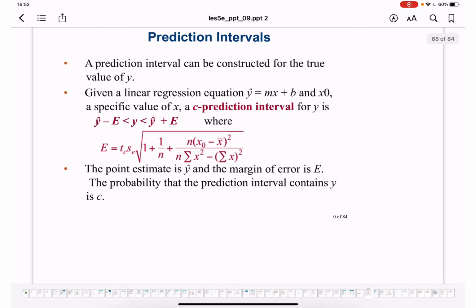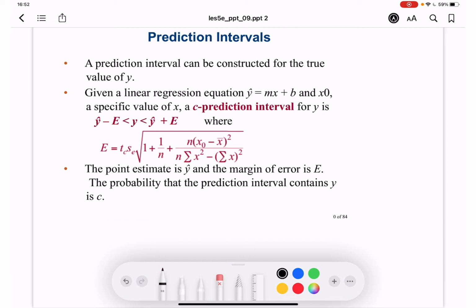Next is prediction intervals. A prediction interval can be constructed just like a confidence interval. It's going to be constructed for the true value of y in this case, and we already see it: y hat, predicted at the value of y hat minus error, and y hat plus error, where error is equal to this crazy formula: t critical times the standard error s, and the rest we know what is in there.